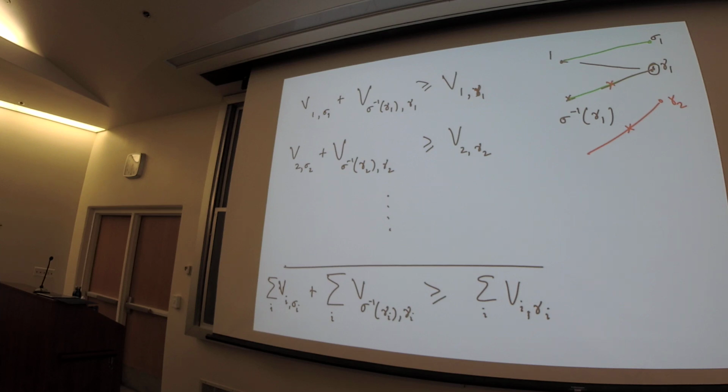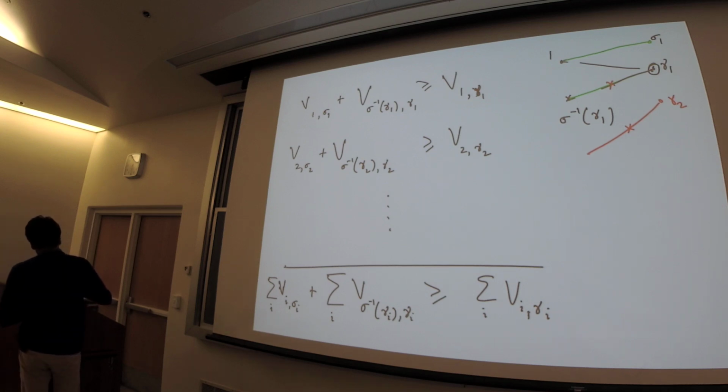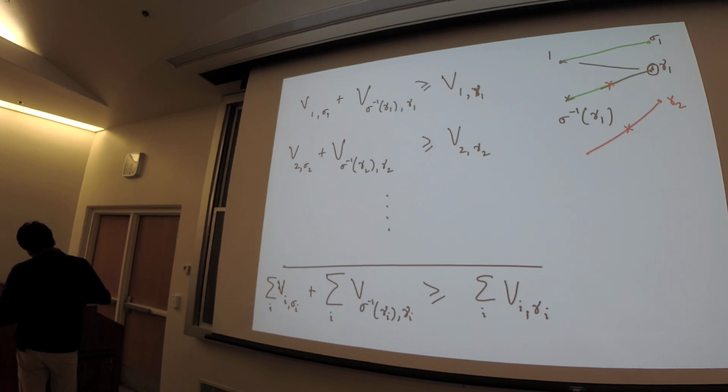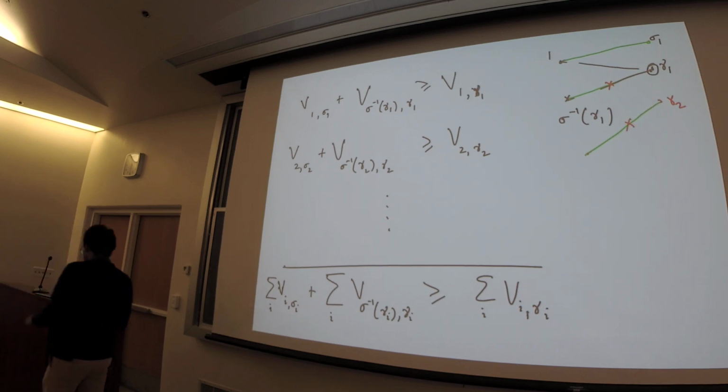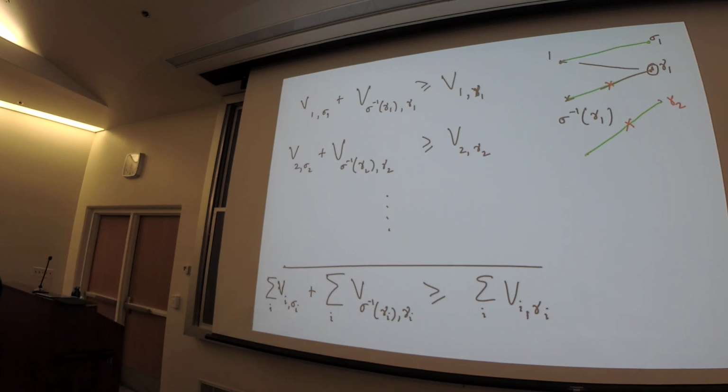So think about this a little bit. Also, maybe I should have drawn a green edge, not a blue edge. I wanted to draw a green edge with a red cross. So that's what we're doing in the second sum.